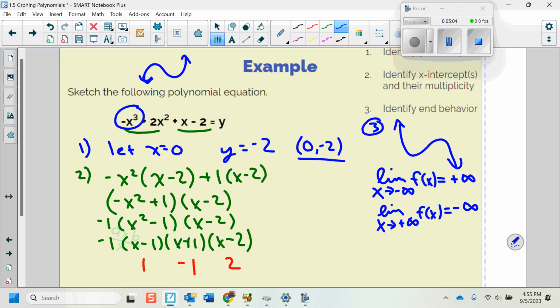So I have all that information. I have my y-intercept here. My x-intercepts are at 1, -1, and 2, so the graph goes through (1, 0), (-1, 0), and (2, 0).